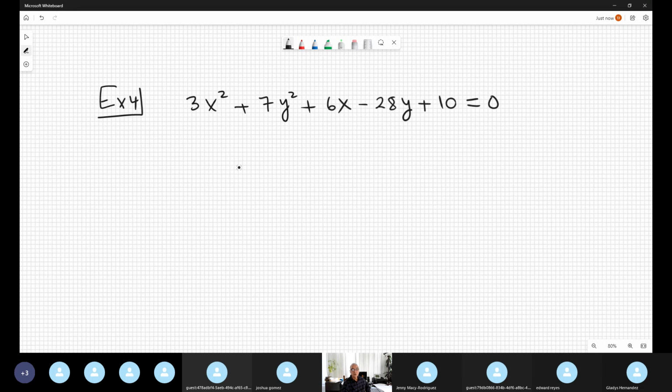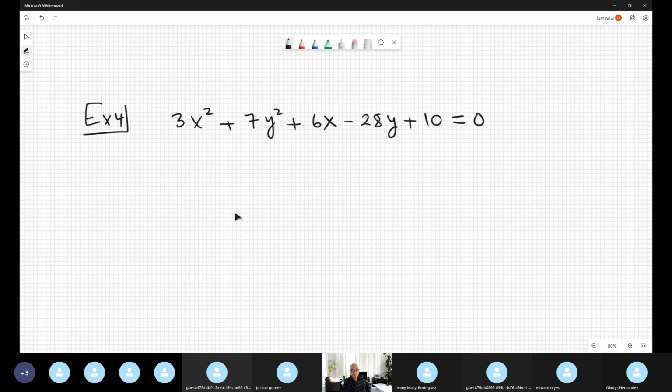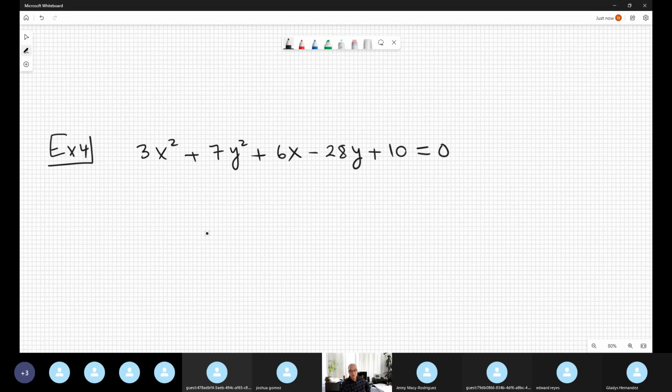Now that way in which the right hand side is 0, let's call it general form. But in the general form, you don't see anything.